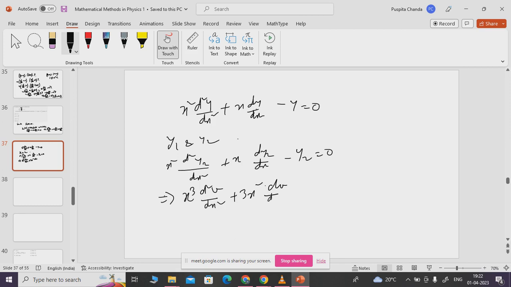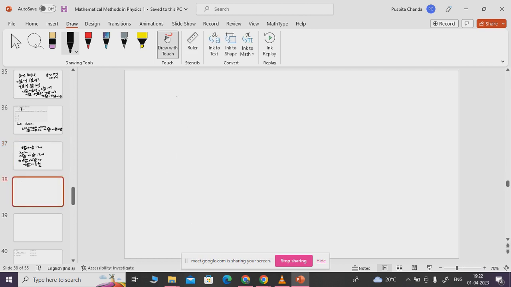So when we put that in and do the calculation, it will become 3x square dv dx is equal to 0. So we can write d square v dx square is equal to minus 3 by x dv dx.